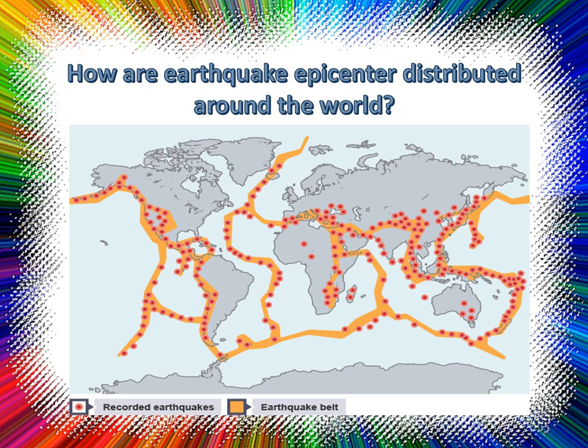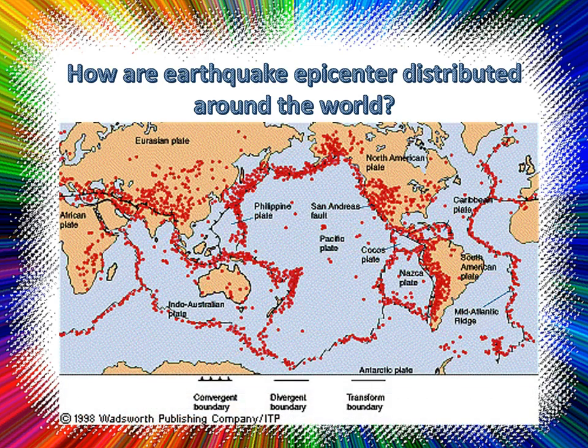Now, study and observe how earthquake epicenters are located and distributed around the world by looking at the red dots, which represent the recorded earthquakes, and the orange marks for the earthquake belt. Observe the red dots in the world map.